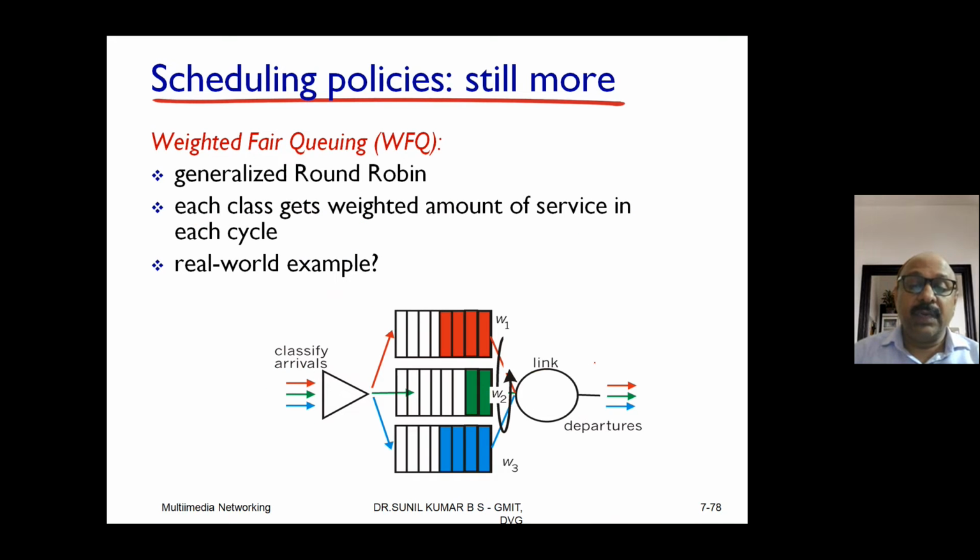For that reason, we will take up another scheduling technique, called weighted fair queuing. In weighted fair queuing, the starving can be overcome.